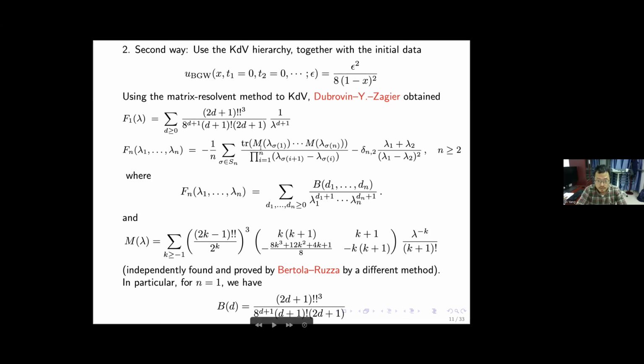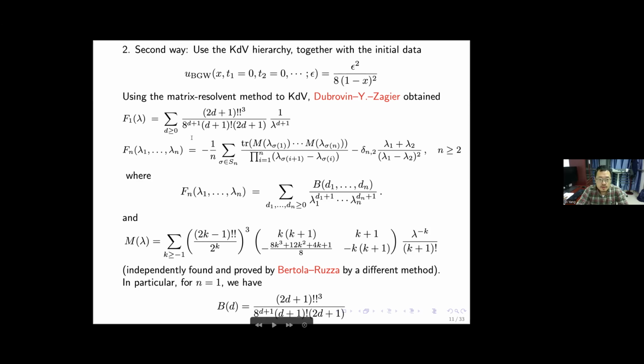The explicit 2x2 matrix is obtained by Dubrovin, myself, and Zagier, and apart from this, the shape is almost the same as Witten's n-point k-point function for intersection numbers. This formula was also independently found and proved by Bertola and Ruzza using the Riemann-Hilbert correspondence.